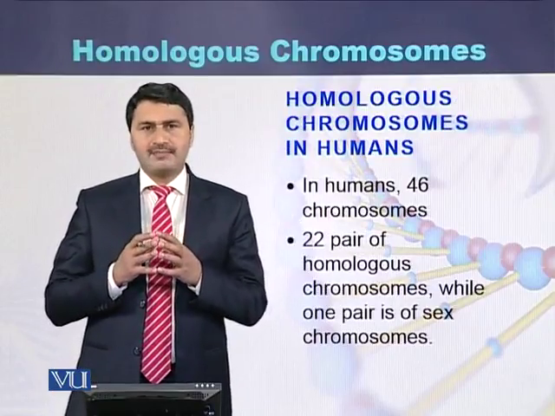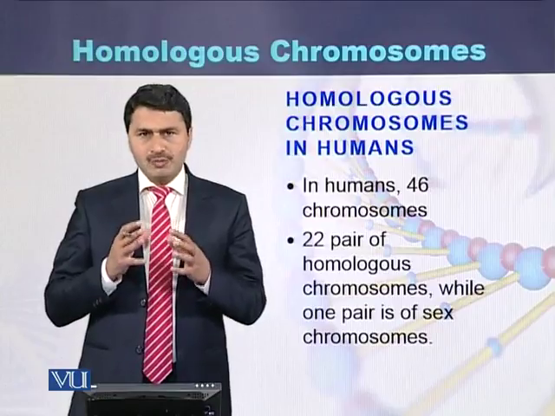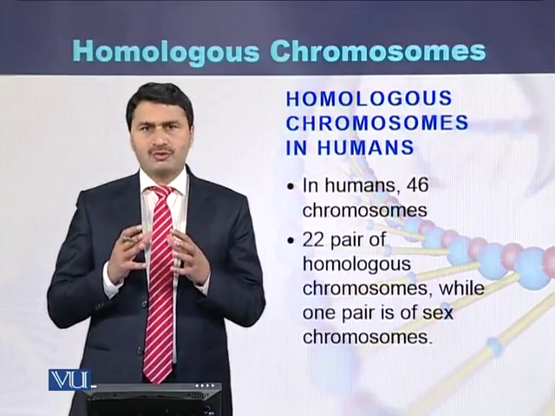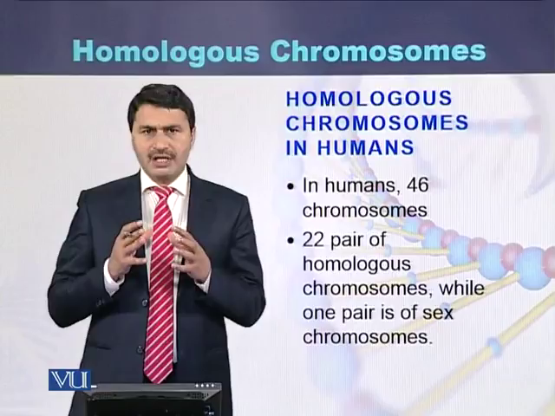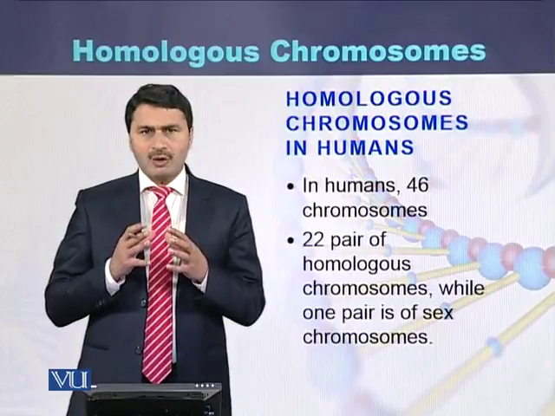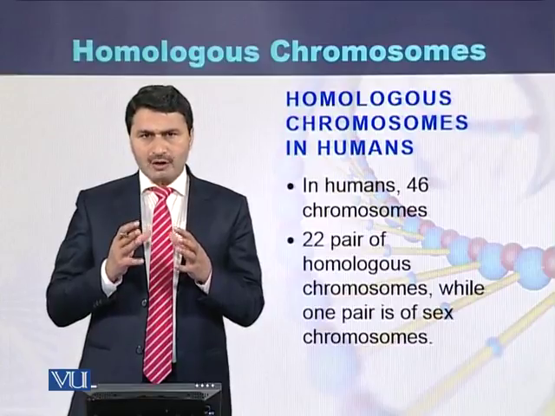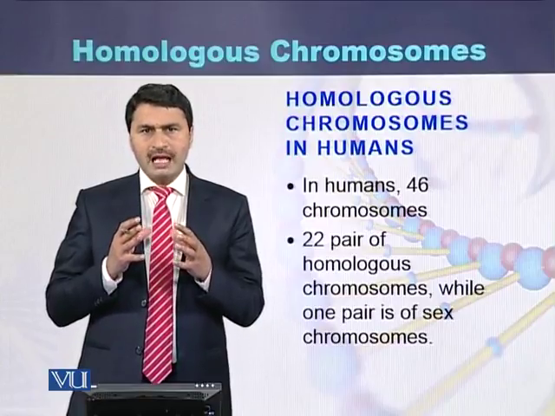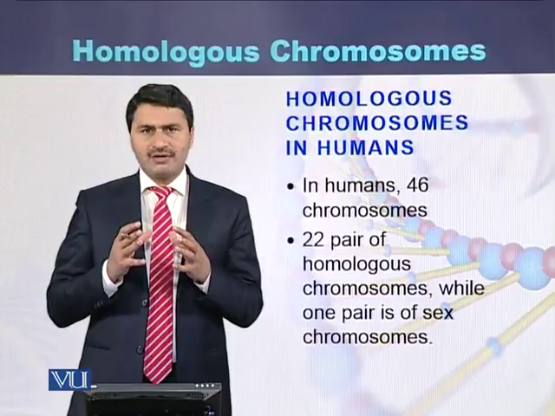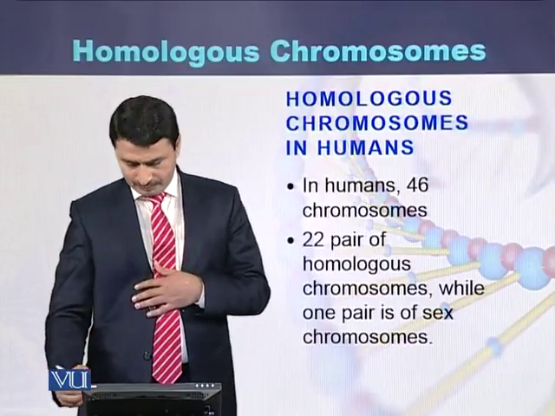If we take the example of humans, in humans there are 46 chromosomes, 23 pairs of chromosomes. Out of these 23, there are 22 pairs of homologous chromosomes and one pair is of sex chromosomes.